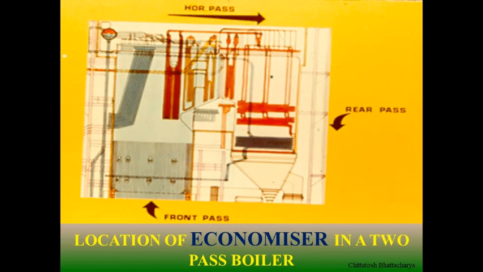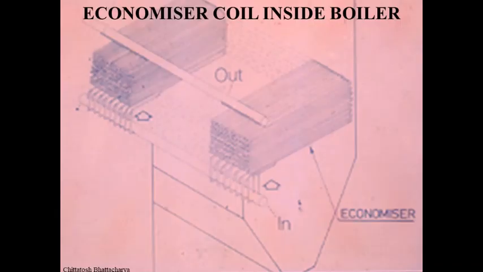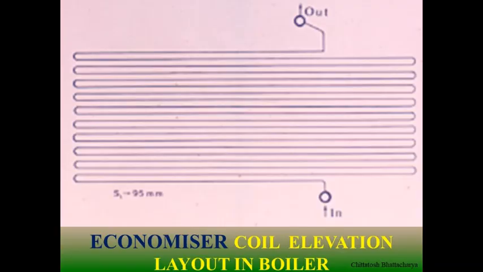The water is coming from the bottom, and after receiving the sensible heat it goes out from the top of the economizer. So the outlet is placed at the top, and there is a cross flow arrangement. Flue gas is coming from the top and water is entering from the bottom. So water enters at lower temperature and gets out at higher temperature, flue gas enters at higher temperature, and flue gas is discharged at lower temperature.